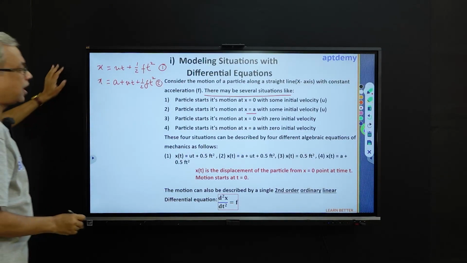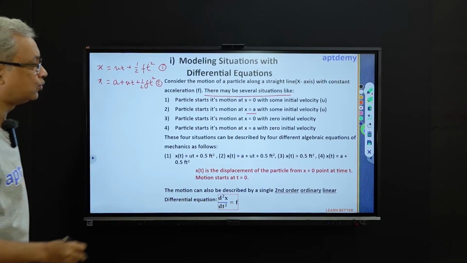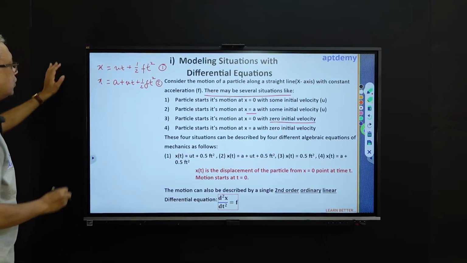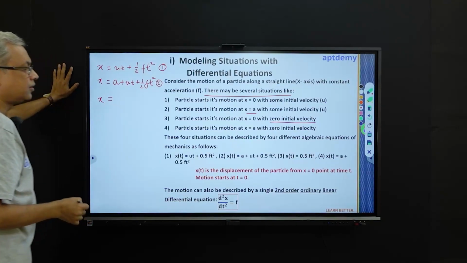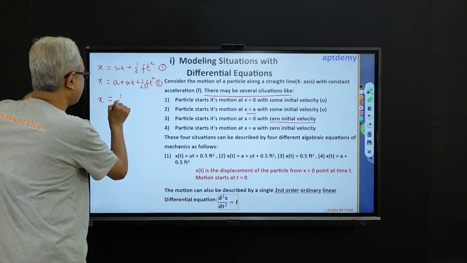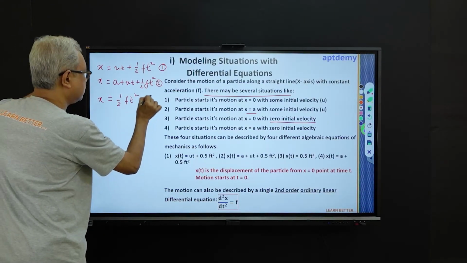Okay. Third case is the particle starts its motion at x equal to 0 with 0 initial velocity. So in that case, its expression for x will be half ft square. This is the third situation.